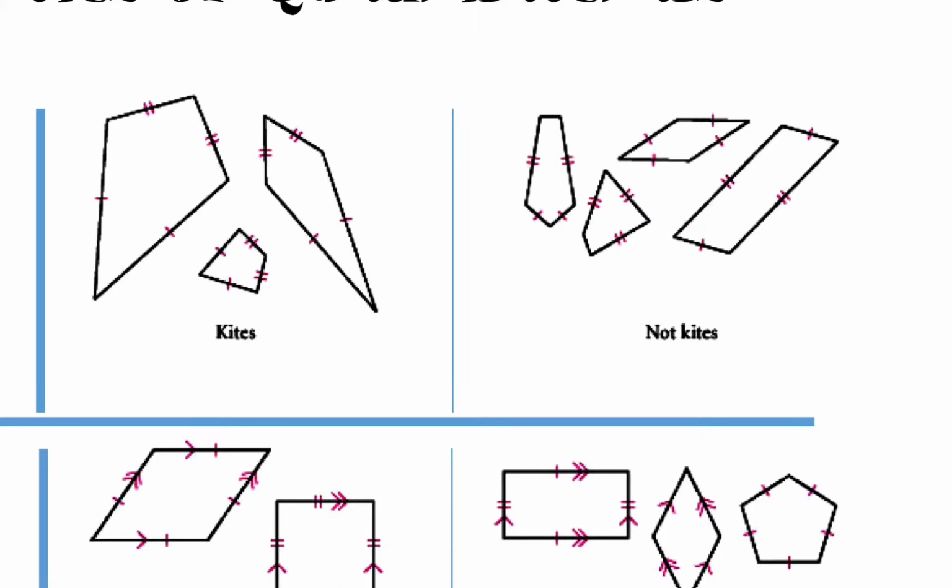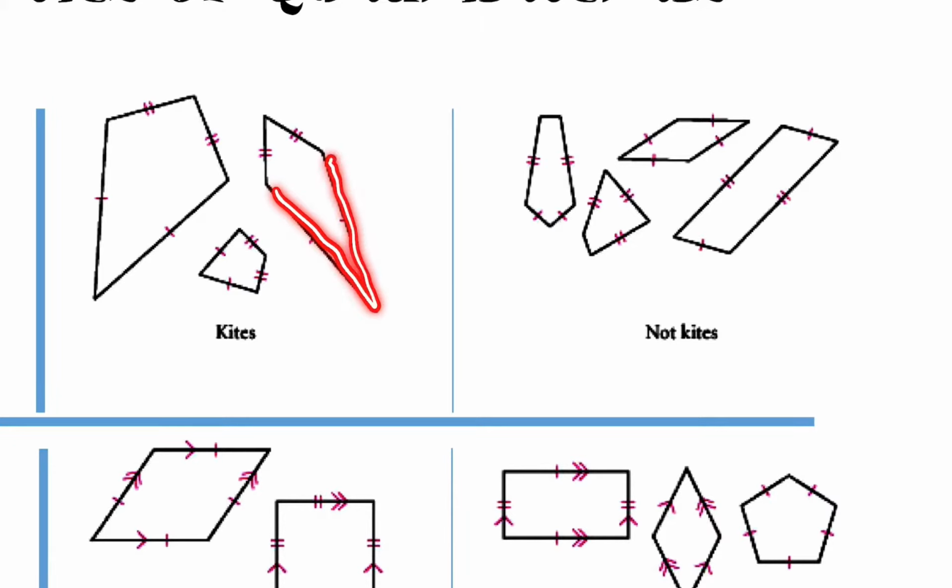So the problem is that we have to have two pairs of distinct consecutive congruent sides. Here, those sides are congruent, and these sides are congruent. So that's two pairs of congruent sides, but they have to be consecutive.